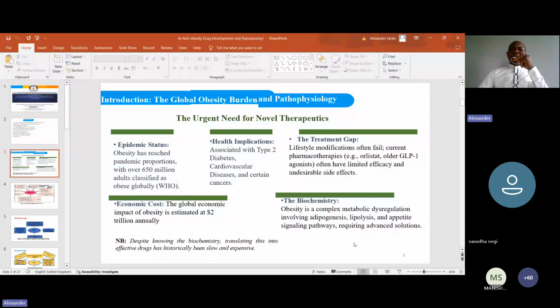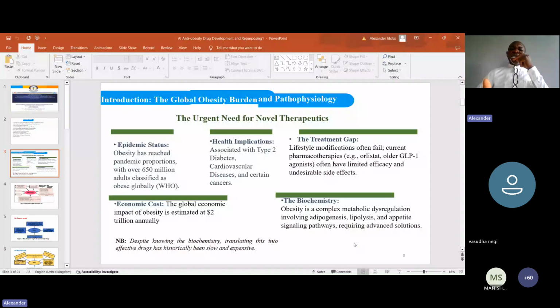A lot of complaints have been made about them, for instance limited efficacy and undesirable side effects. Besides, obesity also has a great economic impact globally, of about $2 trillion annually.